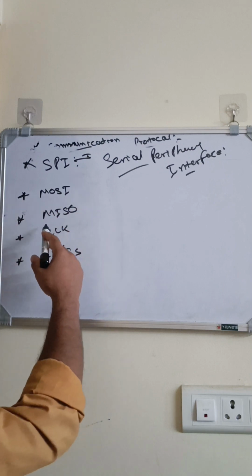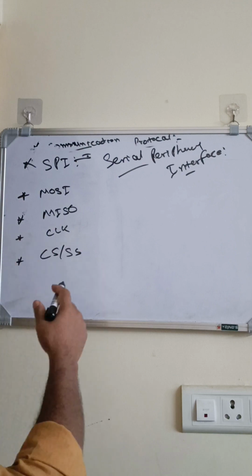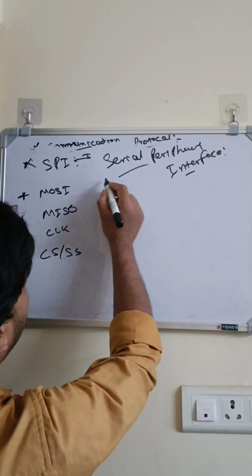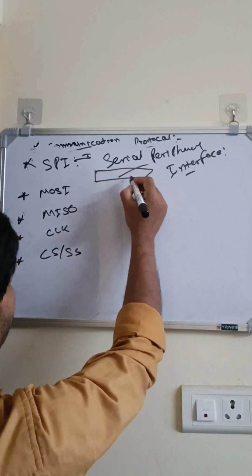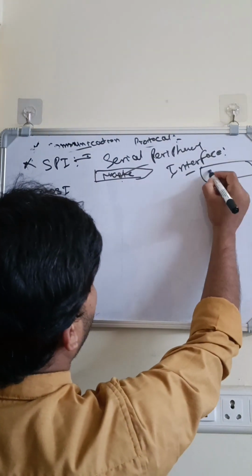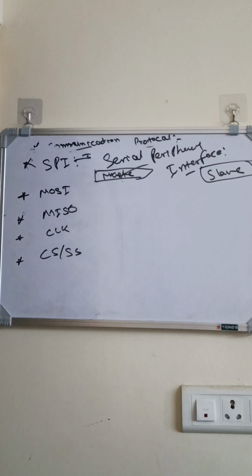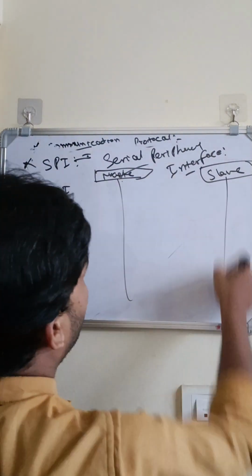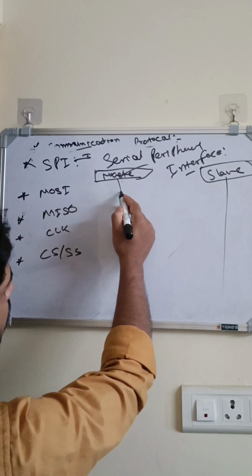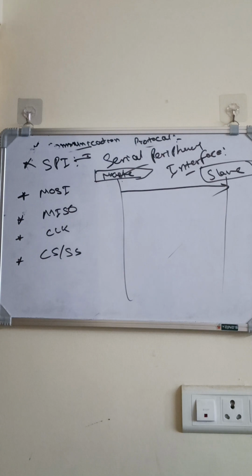Here it's a master and slave setup. So MOSI means how it will communicate: master out, slave in, that is the direction of the MOSI.